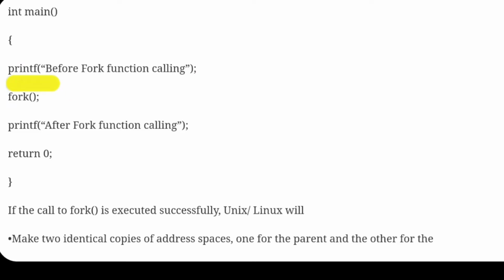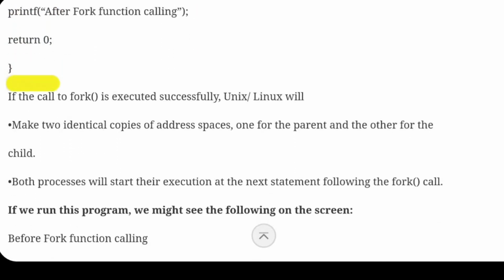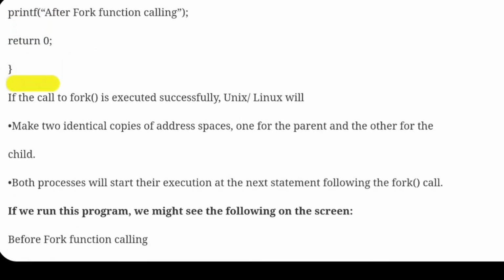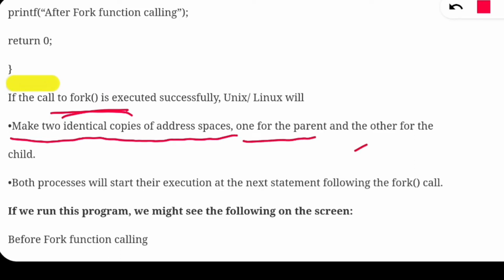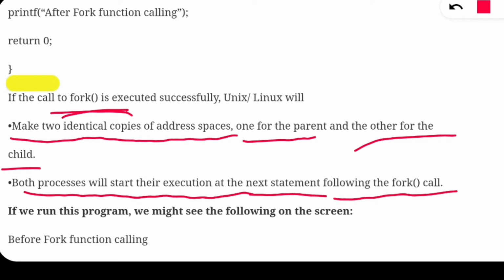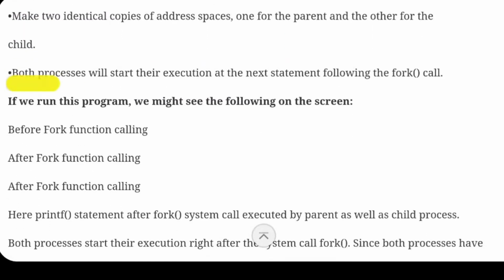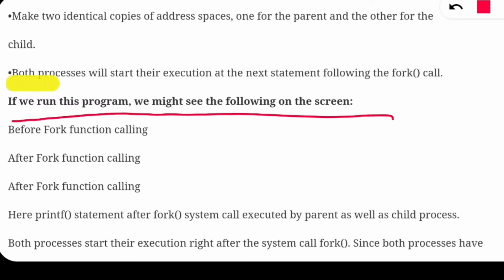Now, after executing this program, what will happen? Whenever you call this fork function, it makes two identical copies of the address space, one for the parent and the other for the child. Both processes will start execution from the statement following the fork system call. This will be the output when you run the program.